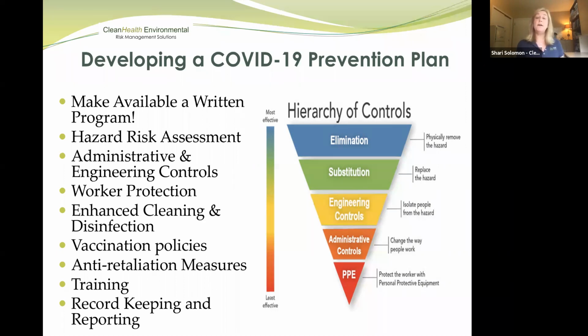Those would be all under the engineering control bucket. And then the third bucket is the administrative controls. What sort of screening is being done? If there is a positive case, how do you notify the others in the facility? What are the proper procedures for training, which would be an administrative control?